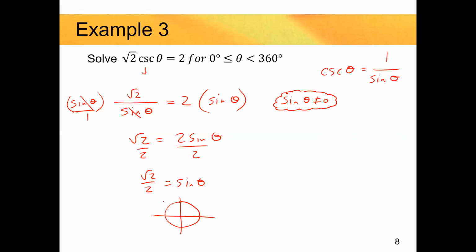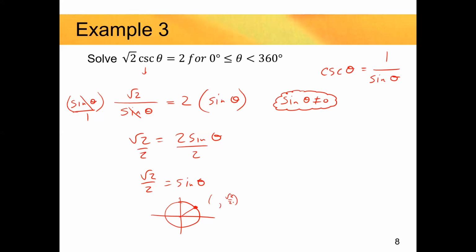It's 45, and I don't know the other one. 45 and? So looking for the y value, right?